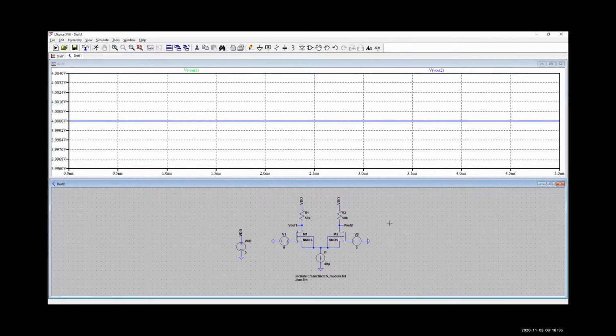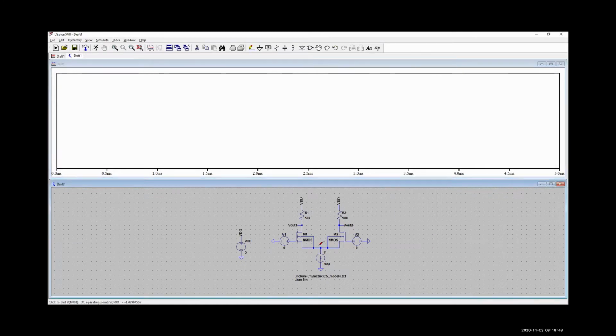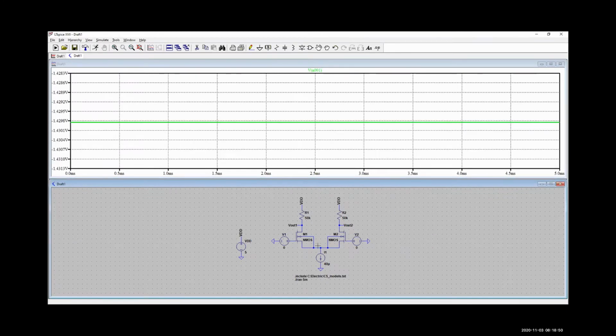So nothing wild or crazy there. If our differential input signal is 0, then the difference in our outputs should also be 0. And we can also look and see that the voltage at our source, in this case, is negative 1.4 volts.